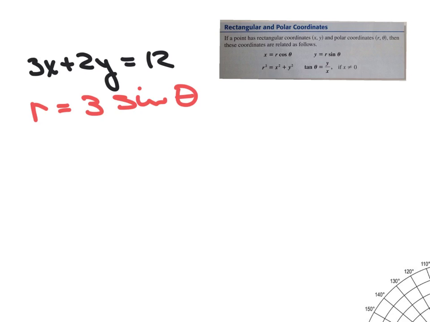Now we've got this list of formulas right there, but I'm going to add one more. The book gives it to you, but it doesn't put a whole lot of emphasis on it, and I think it's a pretty big deal, so I would put this down in your notes. r equals C over A cosine of theta plus B sine of theta.